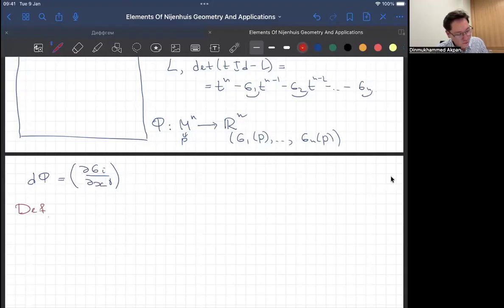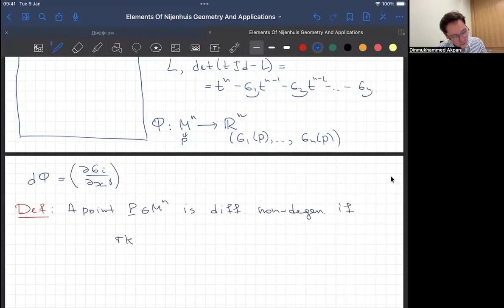Definition: a point P on our manifold is differentially non-degenerate if the rank of df at point P is maximum, it's n.